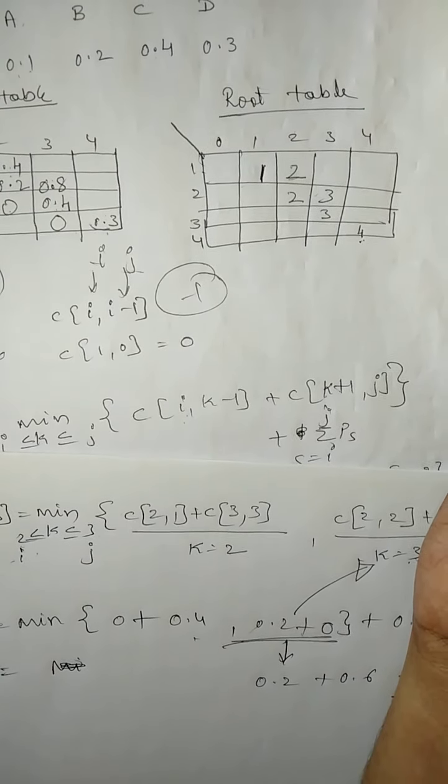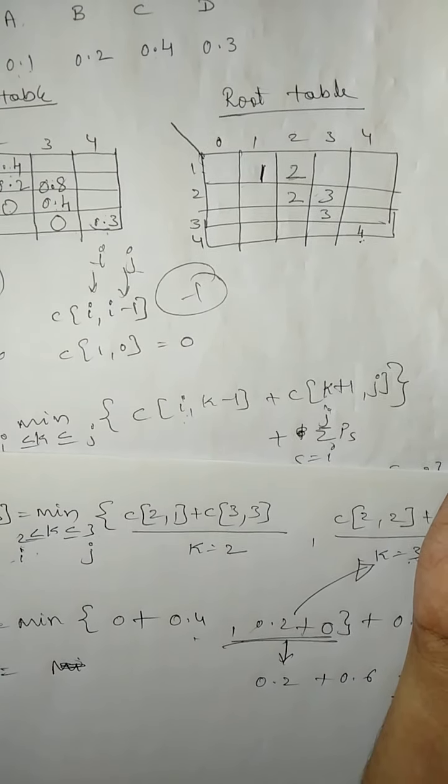With the key values starting from 1 to 4, which node is the root node? The third key, key value 3, is the root node. C has to be made as the root node. So when C is made as the root node, all its left keys, A and B, come as the left subtree, and D comes as the right subtree. Since we have only one element on the right side, I will just write it as it is, D.